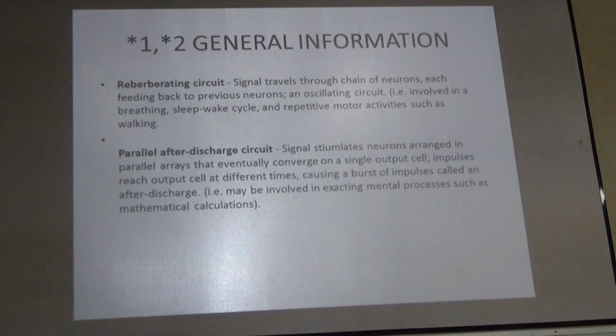Now you understand the meaning of converge. They converge on a single output cell. One source stimulates a series of parallel cells, and ultimately they stimulate a single cell. Many in parallel first, because a single one cannot do it. You got it? So a series of activities come together and become strong.